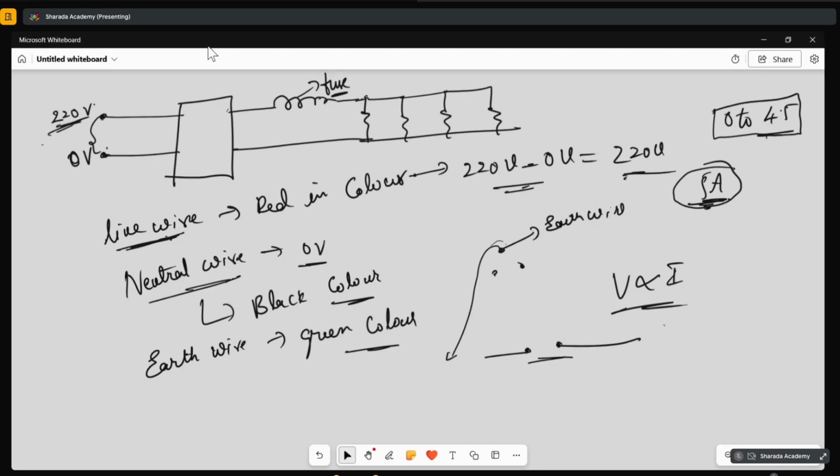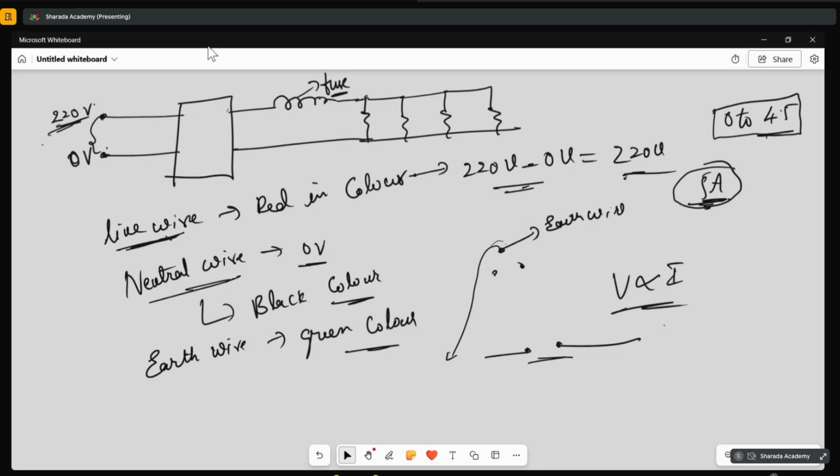So wherever the heater or iron box and all you are using, there 15 amps current is required. So further there will be a separate circuit where a 15 amps fuse will be there. So whenever it crosses 15 amps, the fuse will blow up. Okay, so it will save the appliances.